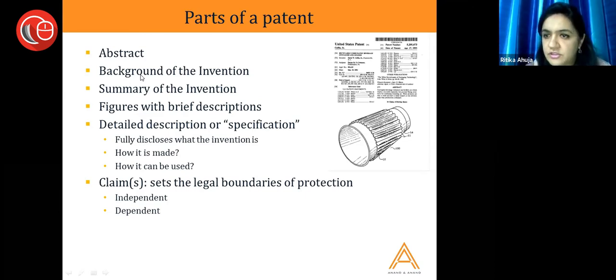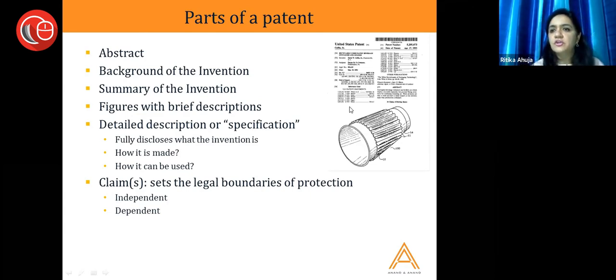Then we have figures. Whenever there is a device or a machine or an equipment, there will be figures to it. Black and white figures, if you see the sample patent that I am showing here, you can see at least one of the figures, which is labeled here.